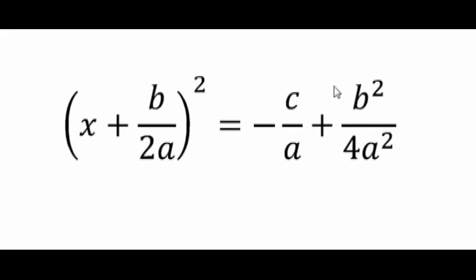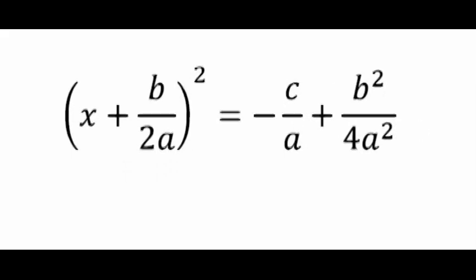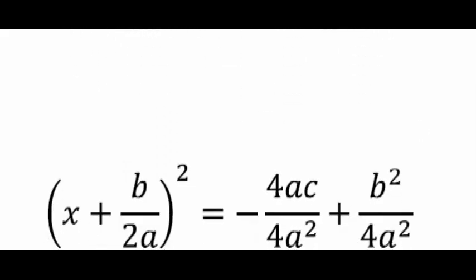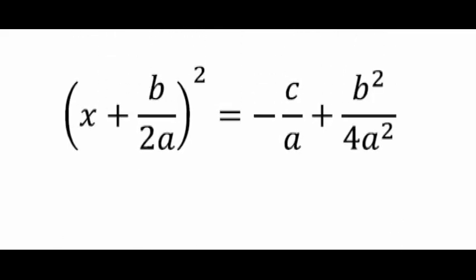Now let's look at the right-hand side of the equation. We can't combine these two fractions together because they don't have a common denominator. So what is the common denominator between a and 4a squared? Well, it's simply 4a squared. So if we want to make this 4a squared, then we're going to have to multiply both the top and the bottom by 4a.